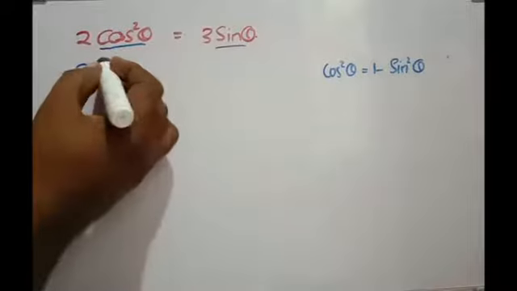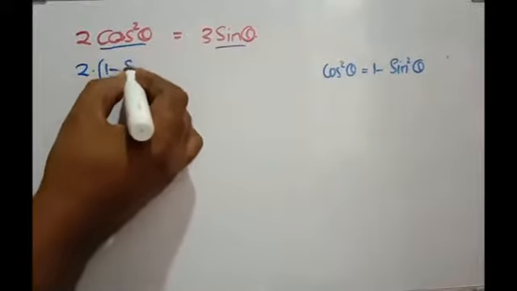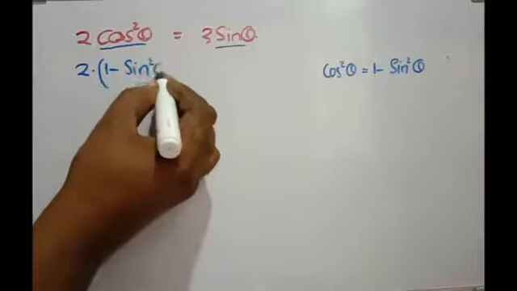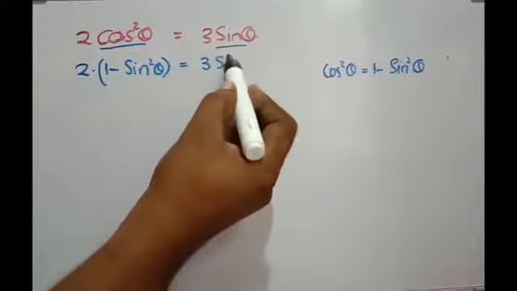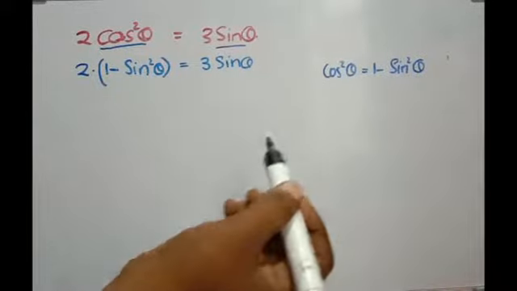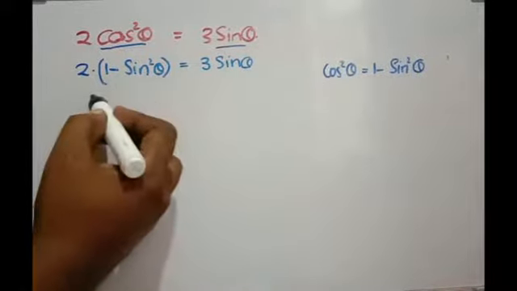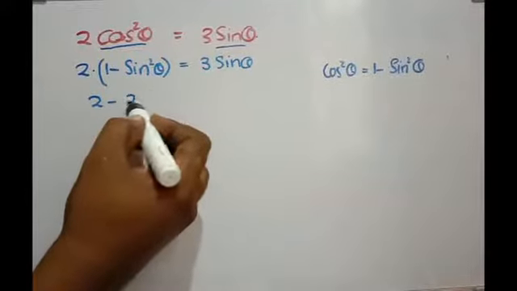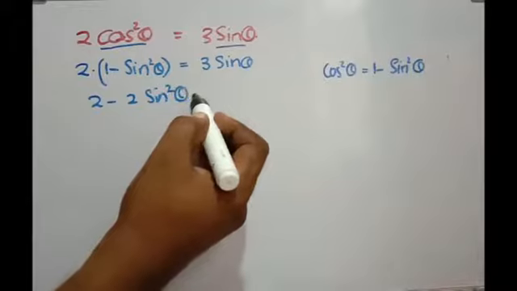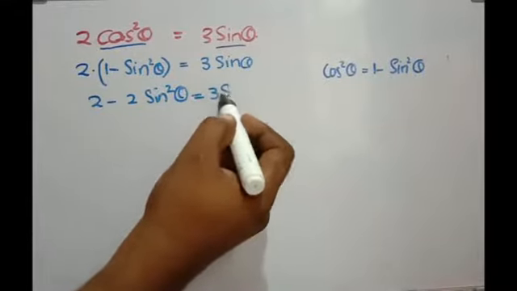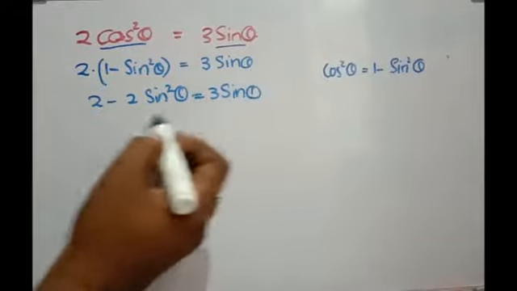So this cos squared theta can be replaced as 1 minus sine squared theta, which is equal to 3 sine theta. This gives 2 minus 2 sine squared theta is equal to 3 sine theta.